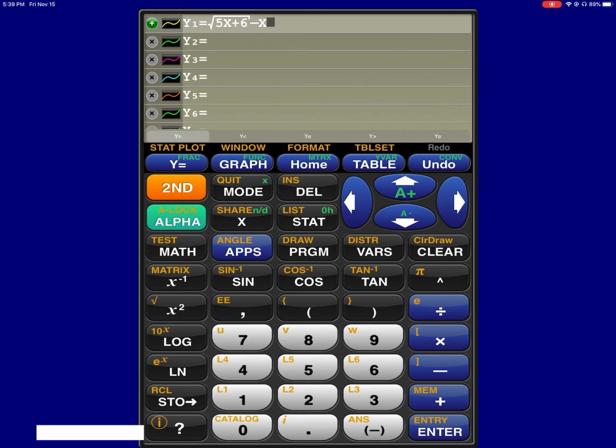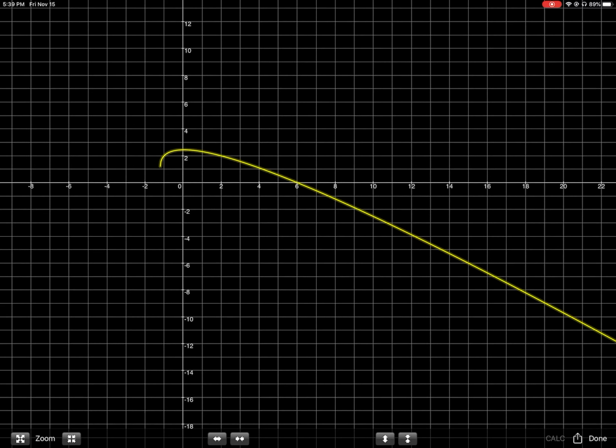There we go, I've already typed it in. You can use whatever graphing calculator you have available. If you don't have one, get on the App Store and download a free one and figure out how to use it. There's no excuse for not having a graphing calculator these days. All right, I'm going to graph this, and you'll see we've got this nice looking curve.